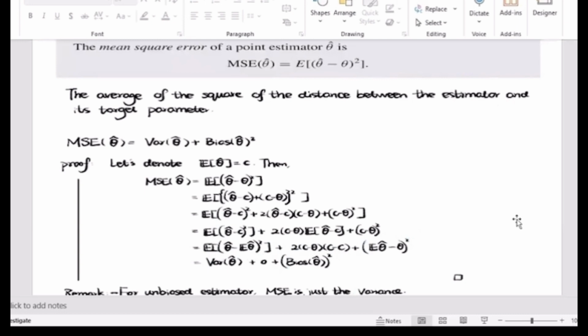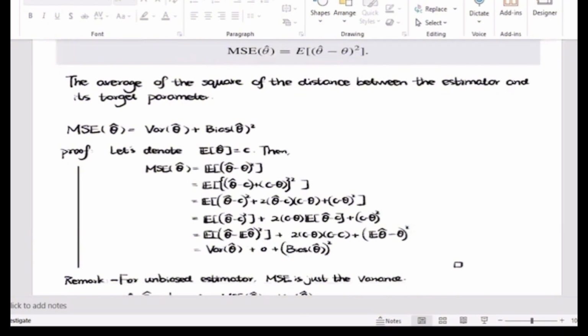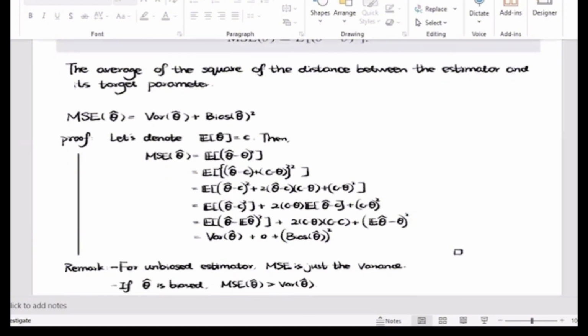Because of that, we're now going to have this conclusion. If I'm working with an unbiased estimator, as I told you the other time, the variance and the mean square error are going to be the same. But if an estimator is biased, then we expect the mean square error to be greater than the variance.